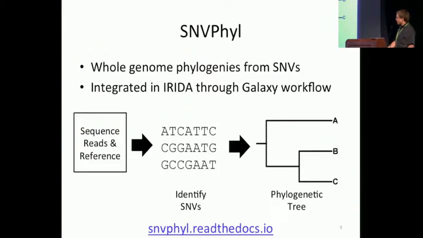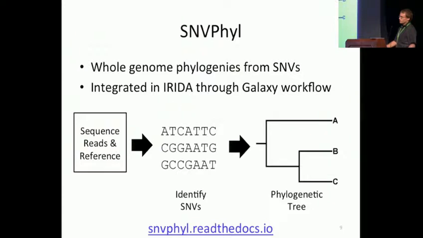And you would identify the variants. We have a lot of customized filtering involved in this pipeline to remove variants in repetitive regions or variants that could potentially be problematic. And once you've identified your set of high-quality variants, you can generate a phylogenetic tree.